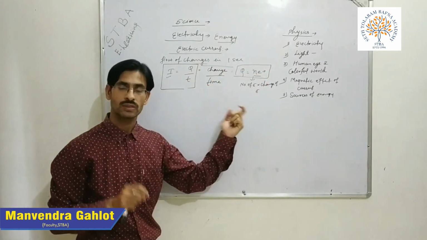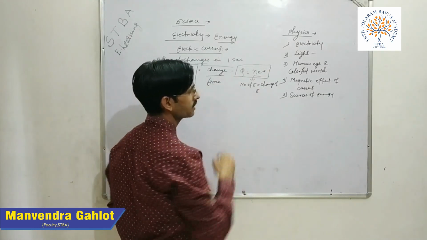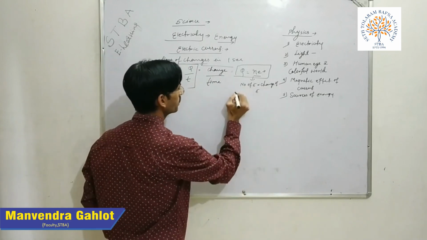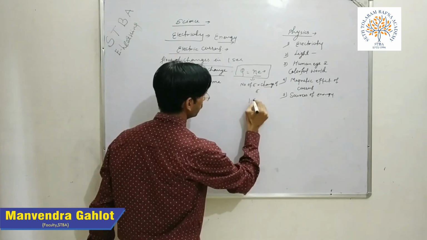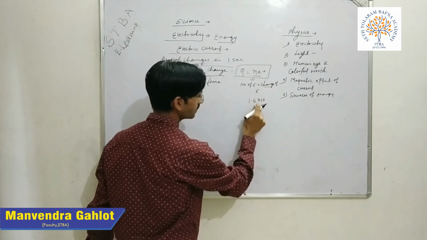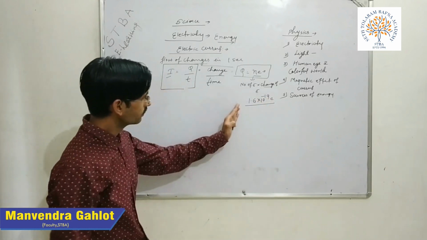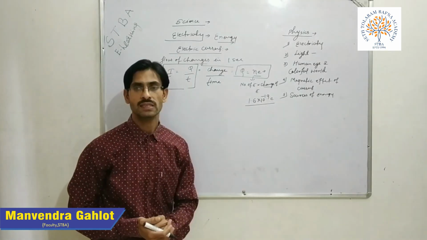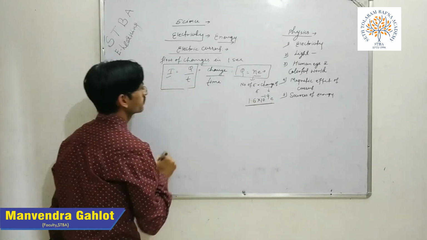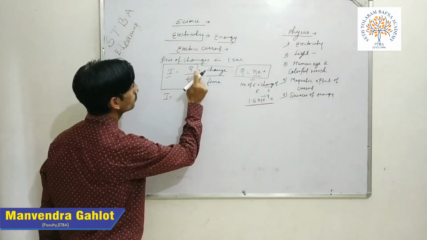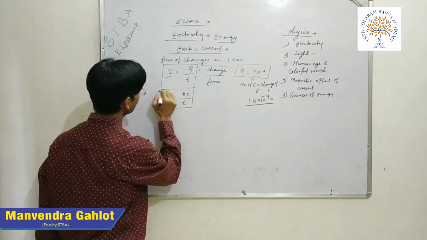The number of electrons present in 1 coulomb of charge we can calculate by dividing by the charge of electron. The charge of electron, as we know from the last class, is 1.6 into 10 to the power minus 19 coulomb. So we put the value: I equals Q divided by T, where Q equals NE. We can also use this formula.